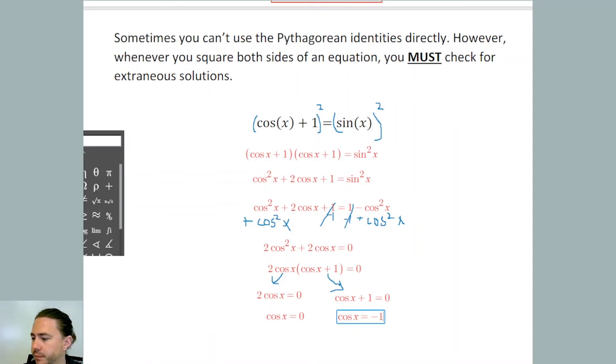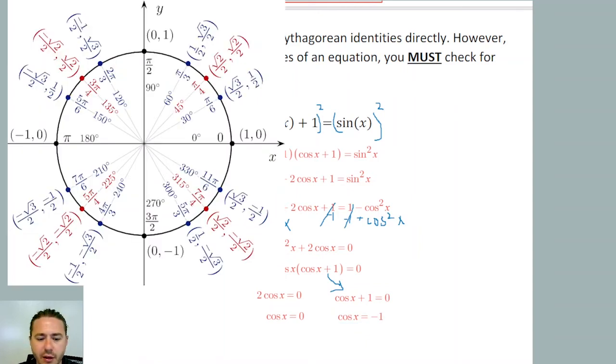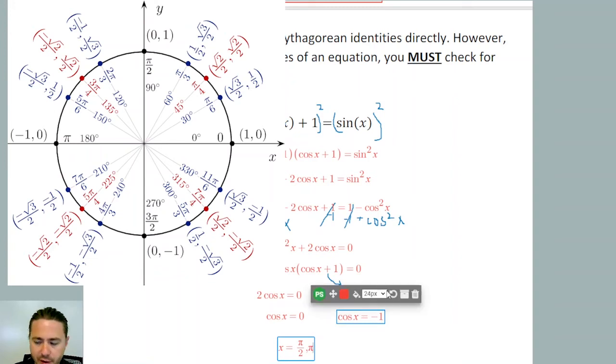So let's pull that up. And it looks like cosine is going to be 0 at pi over 2 and 3 pi over 2. And then cosine will be negative 1 at pi. So we get 3 solutions here on the unit circle. We get pi over 2, and then also pi is going to be coming from this negative 1, and then finally 3 pi over 2.